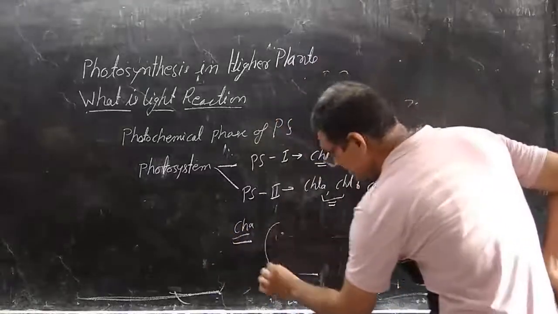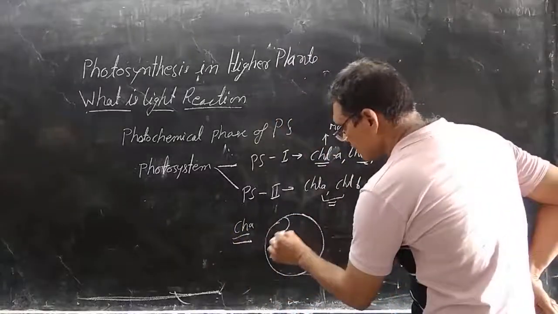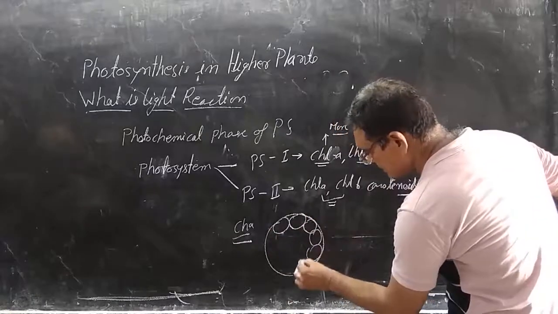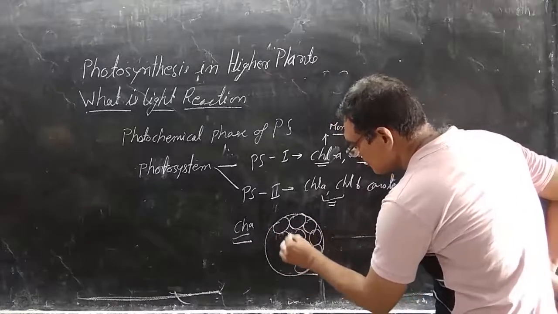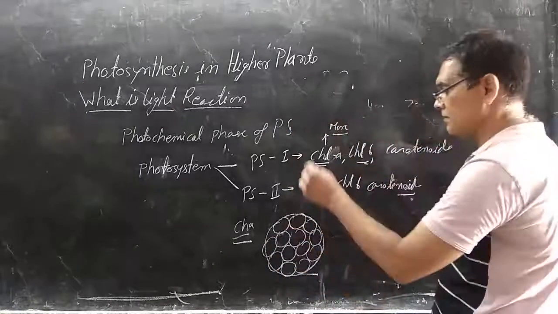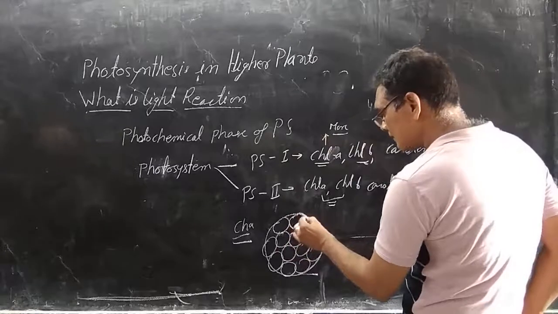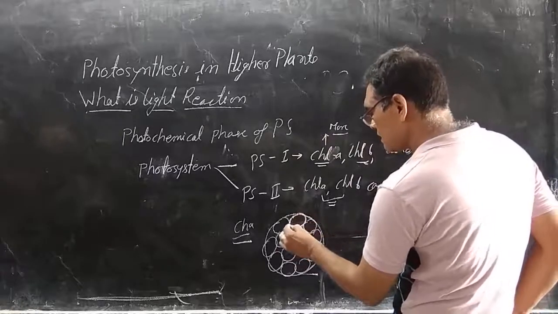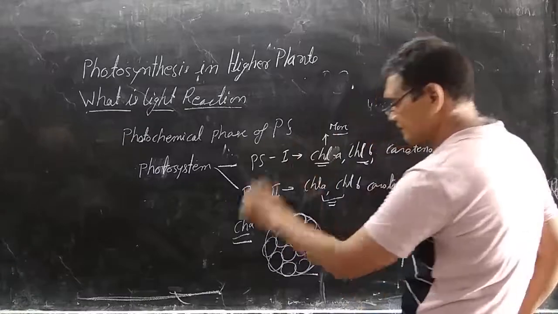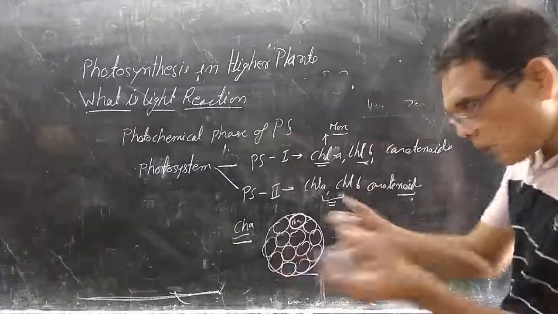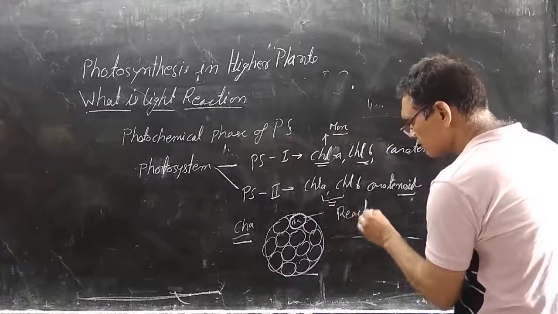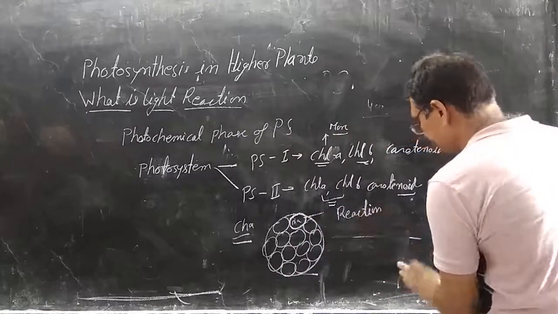Suppose this is one photosystem, in which there are different pigments made up of chlorophyll A, chlorophyll B and carotenoids. Here a specific pigment, made up of chlorophyll A, traps all the energy. That is known as the reaction center.